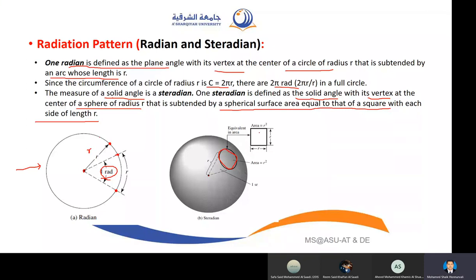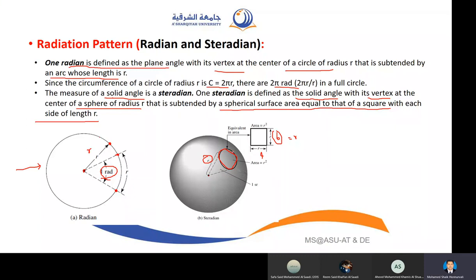And what should be the area of the square? We know that the area of a square is length into breadth. This length should be equal to r, and the breadth also should be equal to r. So r multiplied by r is r squared. So this area and the circle area should be equal. They should be the same.